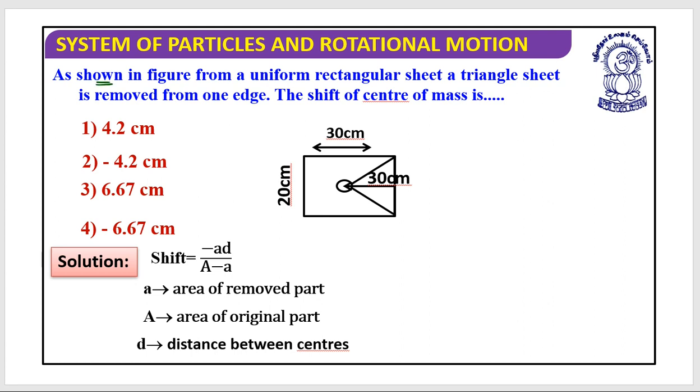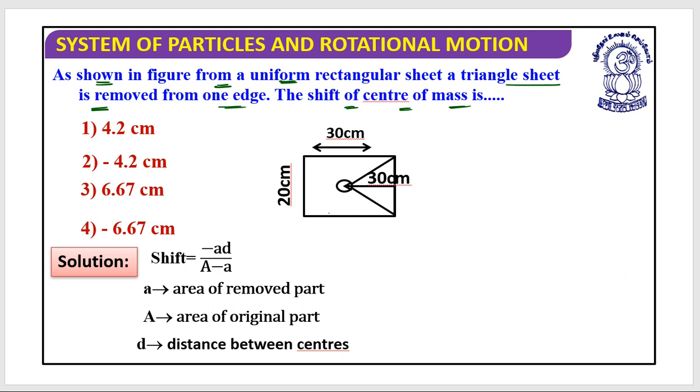It says, as shown in the figure, from a uniform rectangular sheet, a triangle sheet is removed from one of the edges. Then they require the shift of the center of mass.